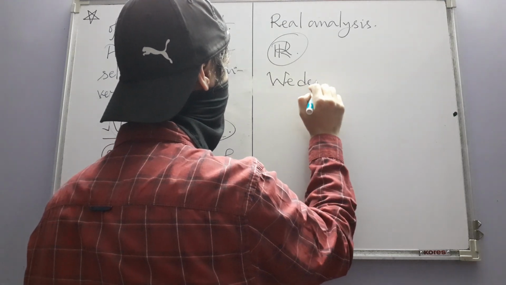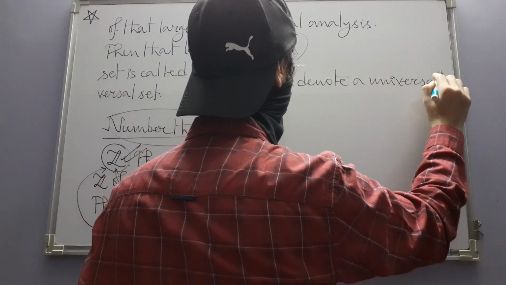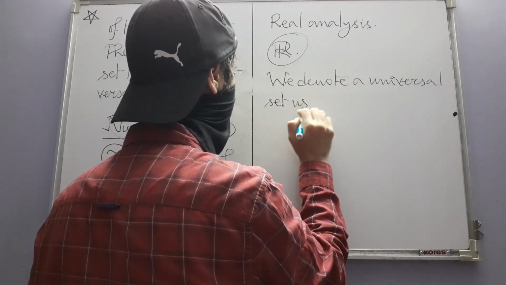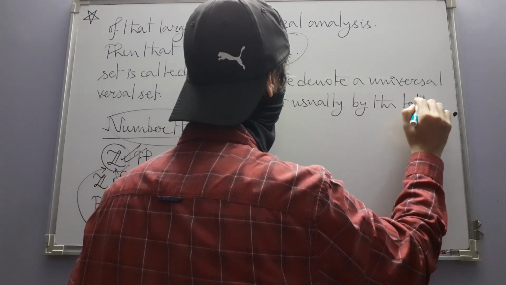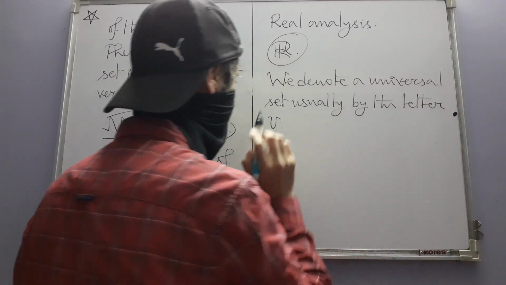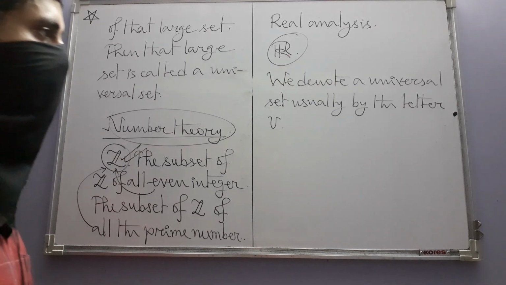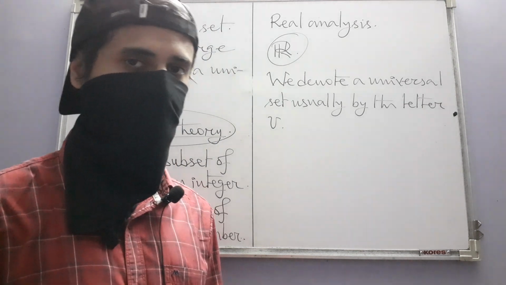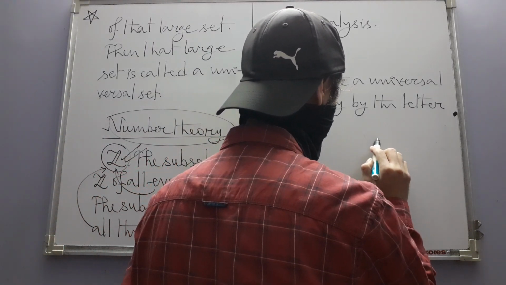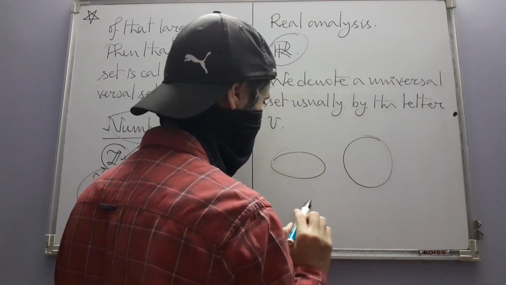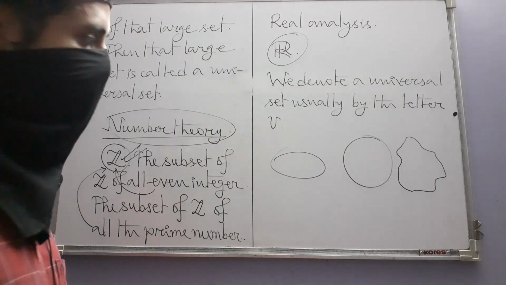We denote a universal set usually by the letter capital U. And we will see later that when we draw Venn diagrams of sets, usually ordinary sets in a Venn diagram are drawn as circles or ellipses, or maybe some more irregular closed area.